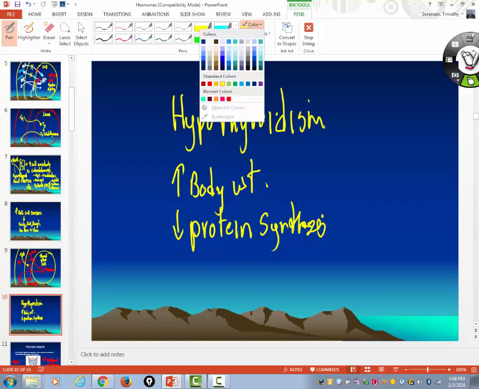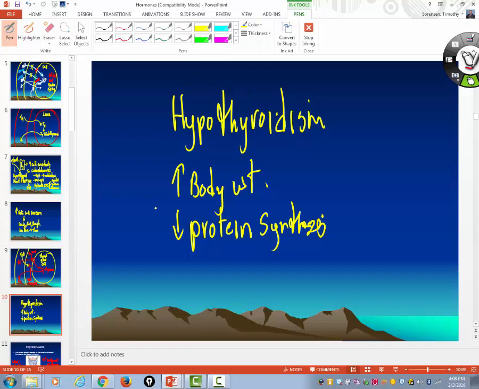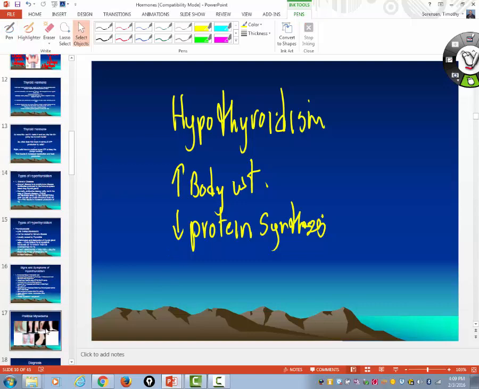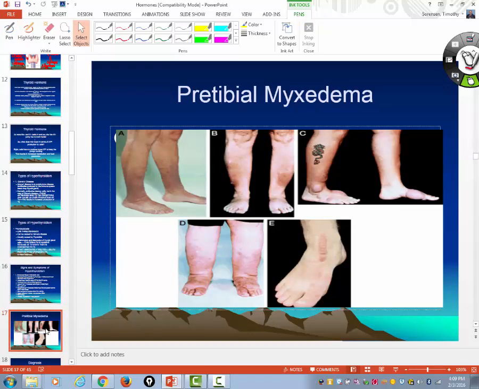And because the skin cells don't divide very well, they will start getting what's referred to as pretibial edema, and the skin will start looking nasty and rough. And that's because the skin cells are dividing so slowly, and the skin gets kind of callousy.